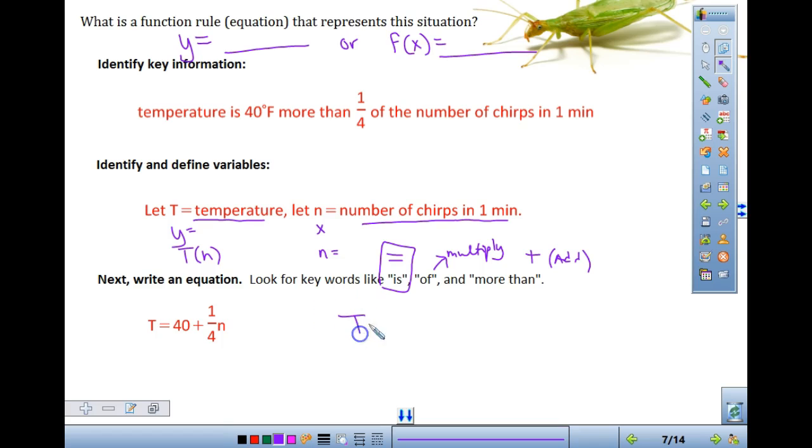Could you have this one, T of n, equals, because that's function notation, right? 40 plus 1/4 n. Same as this equation, right? Those two are the same. Could you have had y equals 40 plus 1/4 x?